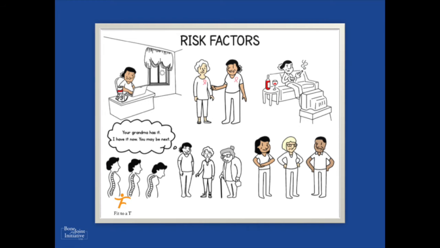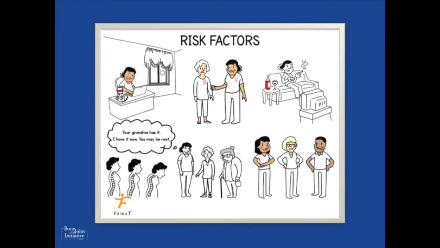Known risk factors include not getting enough calcium or vitamin D, whether from our food or supplements. Also, other comorbid conditions such as diabetes, hyperthyroidism, or breast cancer can be risk factors. Any patient who has gone through radiation or chemotherapy could also be at higher risk for osteoporosis.